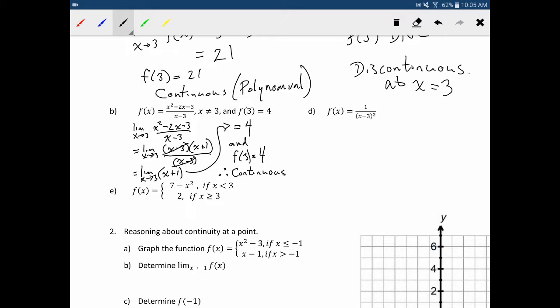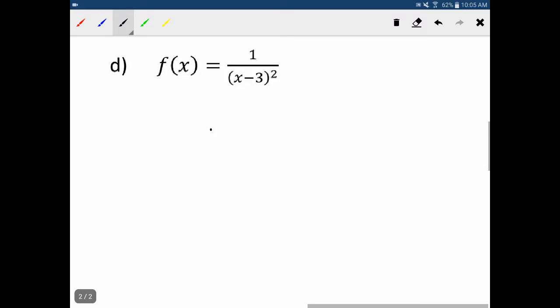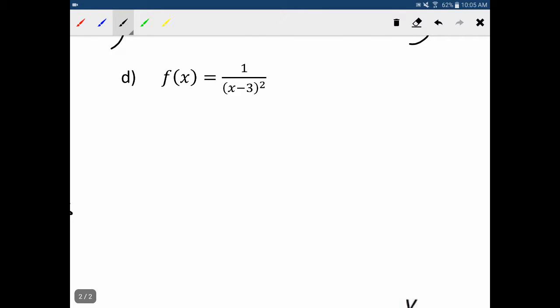All right, so let's jump over to this one over here. We've got 1 over (x minus 3) squared. This one's fairly simple. F of 3, well, if you sub in 3, you'd be dividing by 0, so that does not exist. So this one is discontinuous.